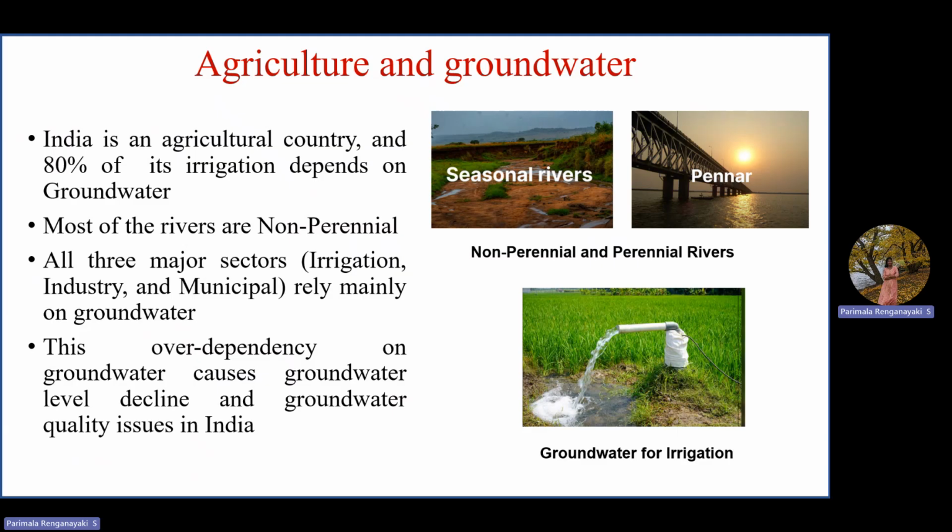During all other seasons, they depend only on groundwater for irrigation. This over-dependency on groundwater causes groundwater level decline and also causes groundwater issues in India. This also emphasizes the need for managed aquifer recharge.